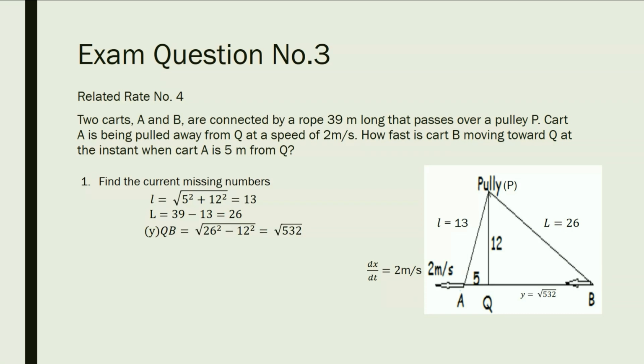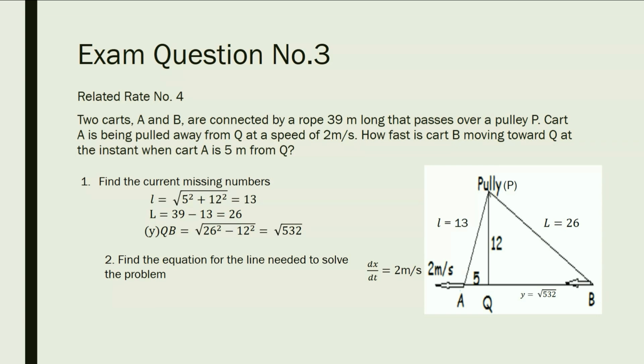Then we can find the distance between B and Q by subtracting the square of the height from the square of the loop length connecting it. Thus the distance would be the square root of 532.